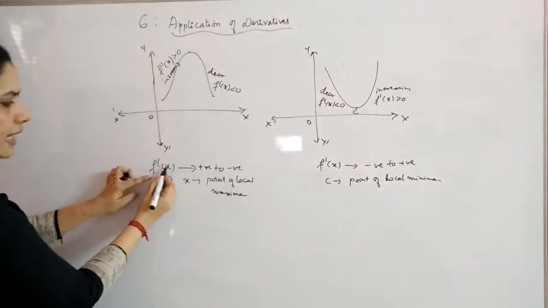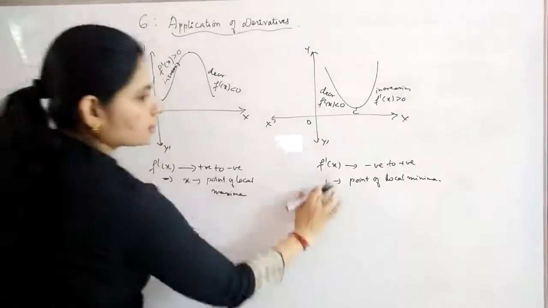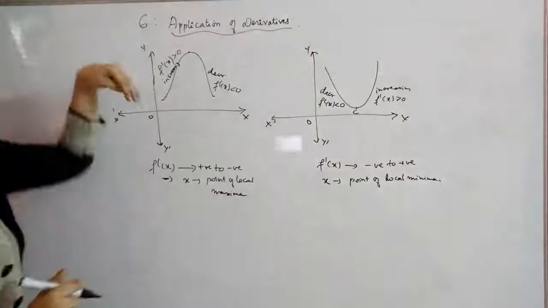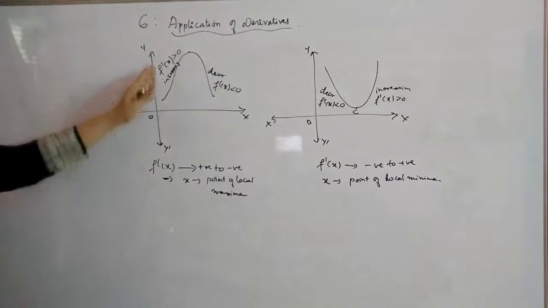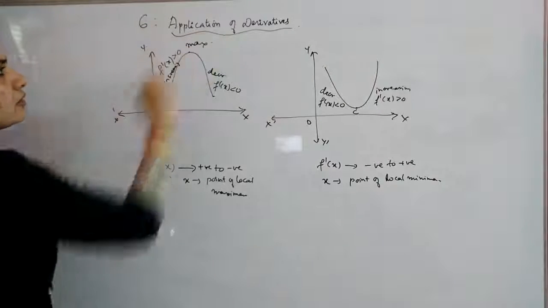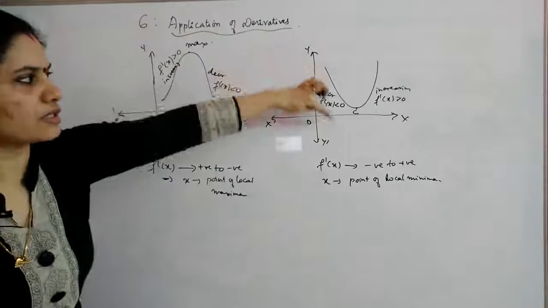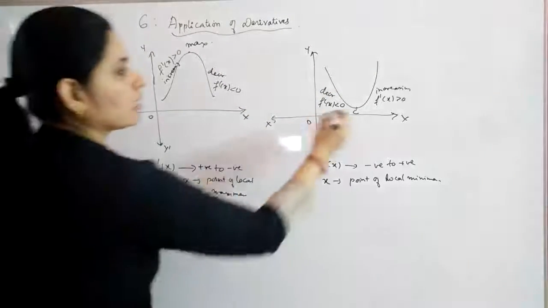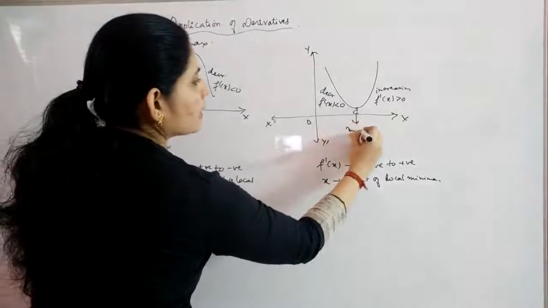Here I have taken only x, that's why I have written x. So don't get confused. If you have increasing to decreasing, you will have a maximum there. And if the graph is going from decreasing to increasing, then you will have a minimum there.